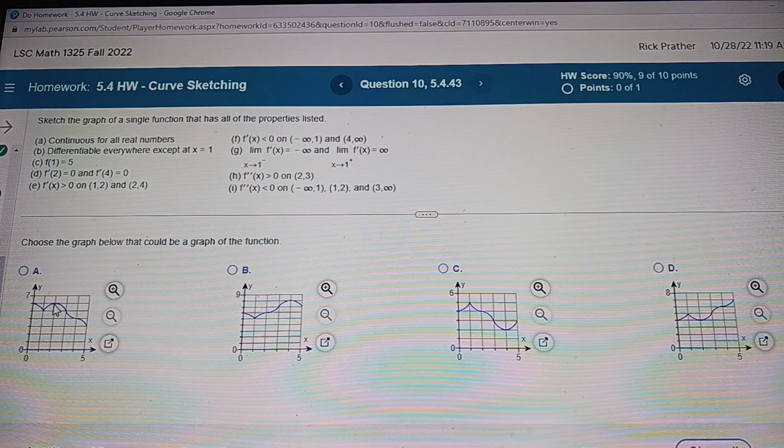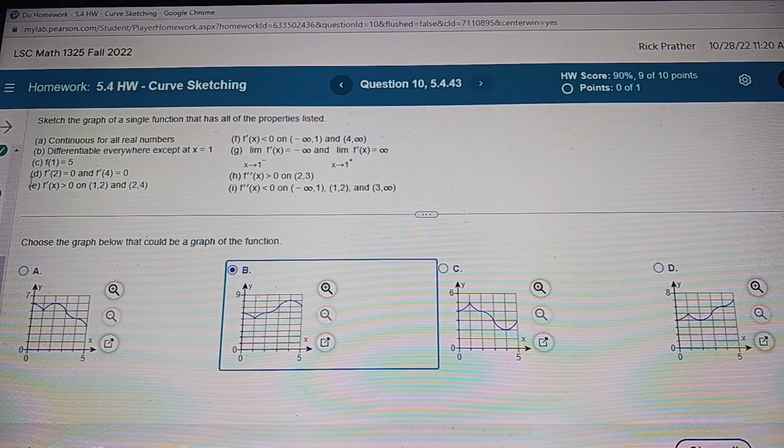This is increasing and then decreasing, so it's not increasing in both. That's true on B. And C is definitely wrong because it's decreasing first. And D is wrong, it's decreasing. So we now know after this point that the graph's already B. And then I can just confirm these last 4 things.